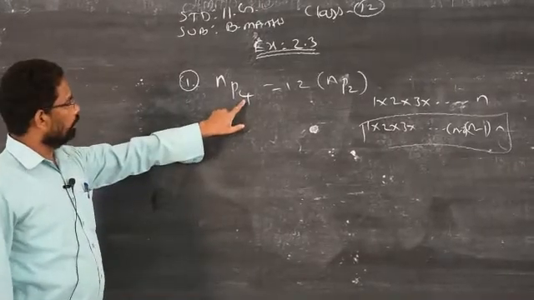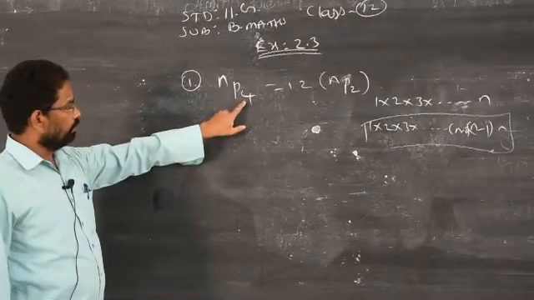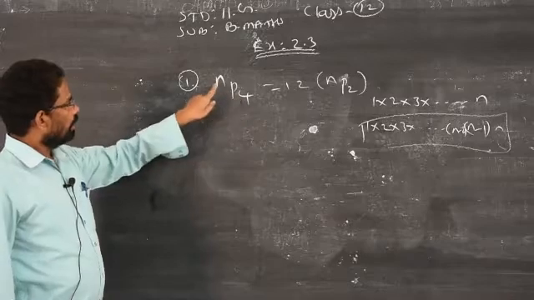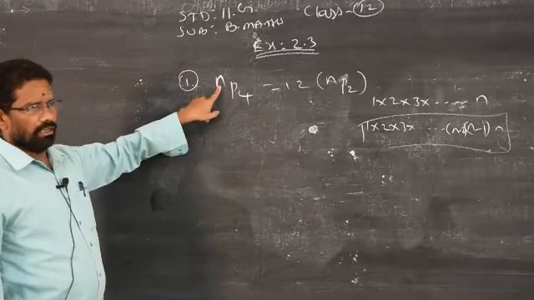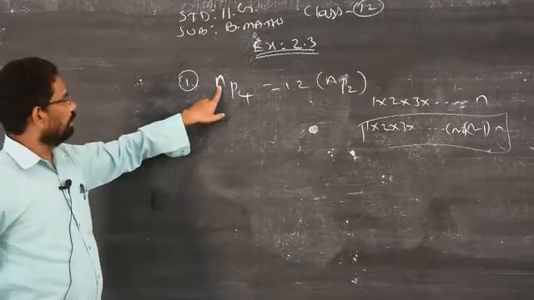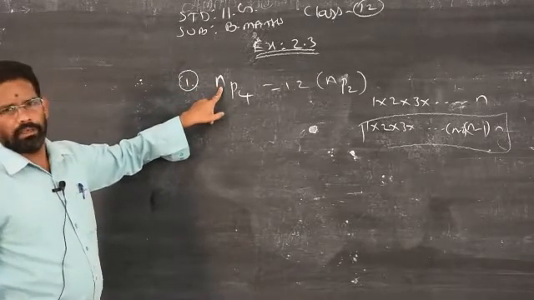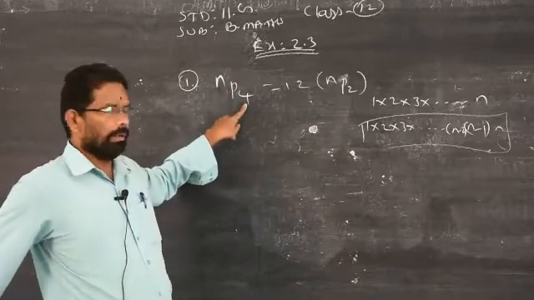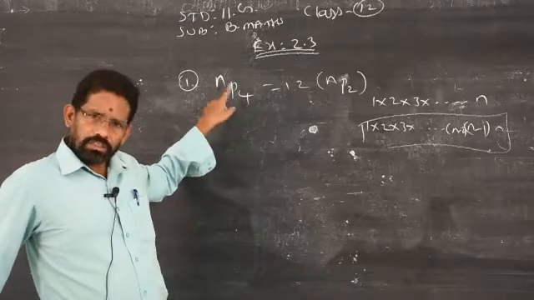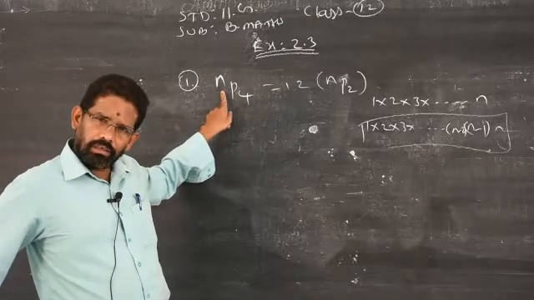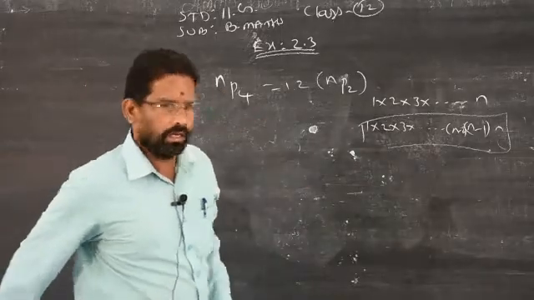You have to write 4 numbers because the suffix is 4, starting from n in descending order. You have to write how many numbers? 4 numbers, starting from n in accordance with descending order.